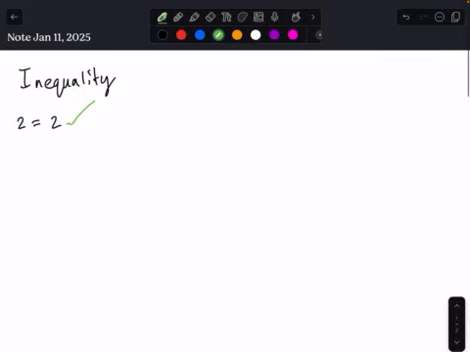Now, an inequality is a similar sort of thing, but instead we don't have an equal sign. We have a greater than sign, a less than sign, all that sort of thing, where the two sides are not equal, they're unequal, hence inequality.